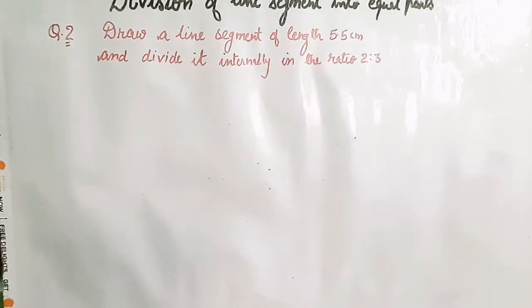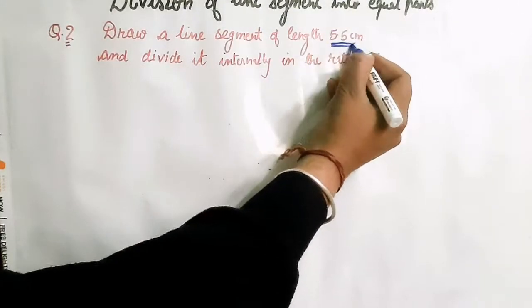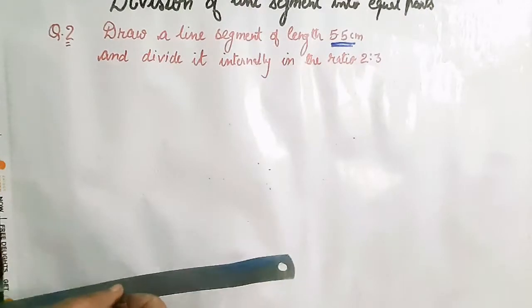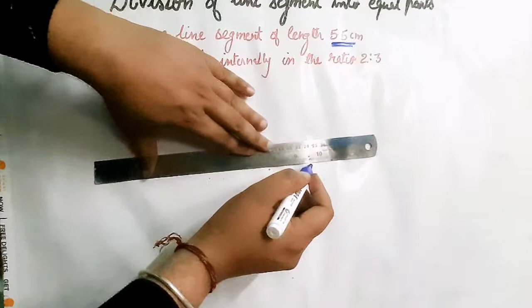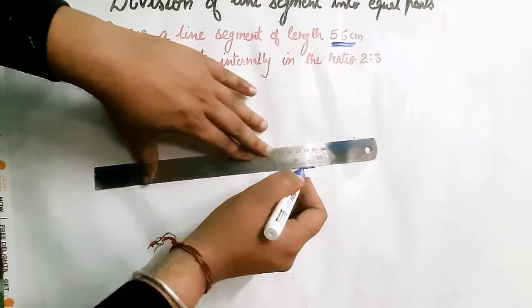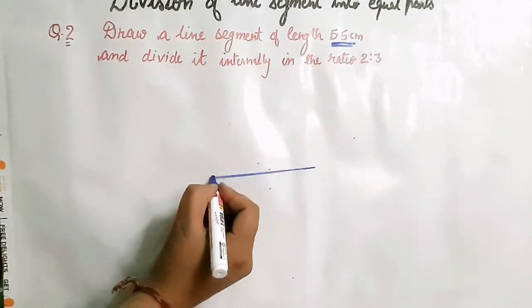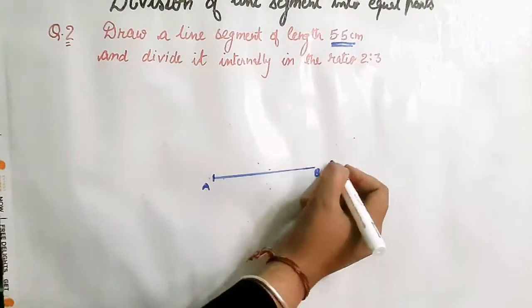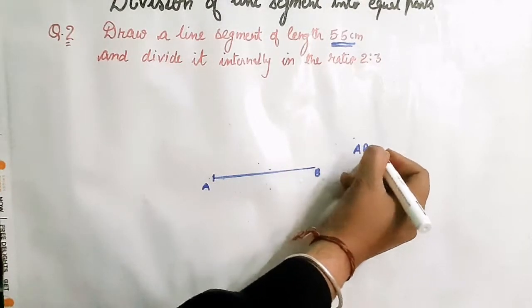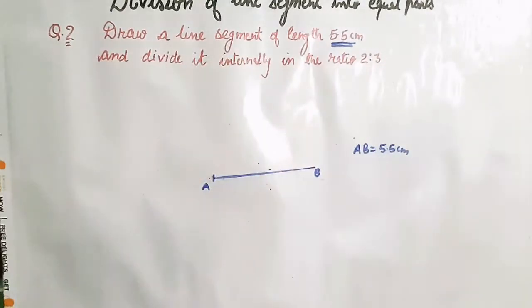Now we have to follow the same procedure. The first step was to draw a line segment of length 5.5 centimeters. Let us draw it. Here the line segment AB is of length 5.5 centimeters. Now follow the same procedure.